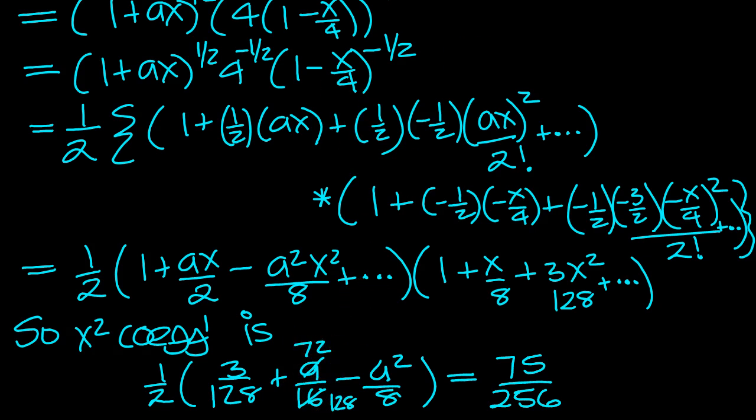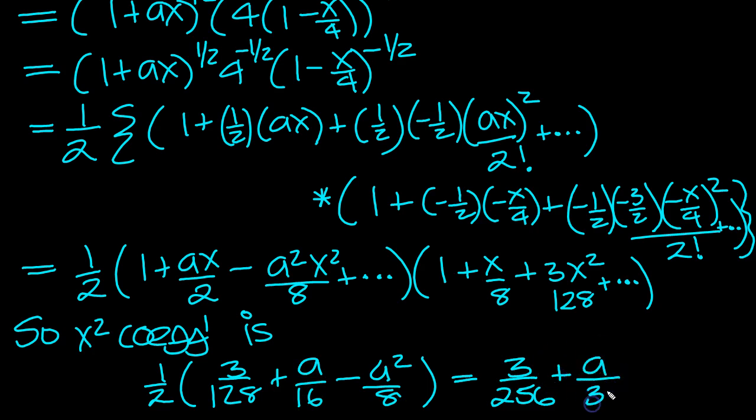So let's just undo that little calculation, because I assumed that a that I wrote was a 9, which is not quite the case, that's an a. Let's just emphasize it as an a. I was having it as a fraction. So we've got 3 over 256 plus a over 32 minus a squared over 16. And there's our coefficient of the x squared term.